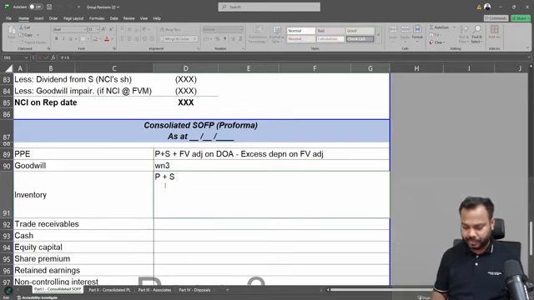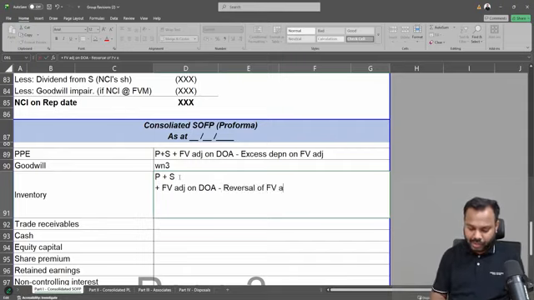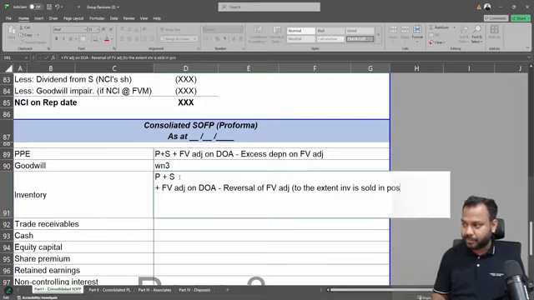Then plus fair value adjustment on date of acquisition, minus reversal of fair value adjustment to the extent the inventory is sold in post period.